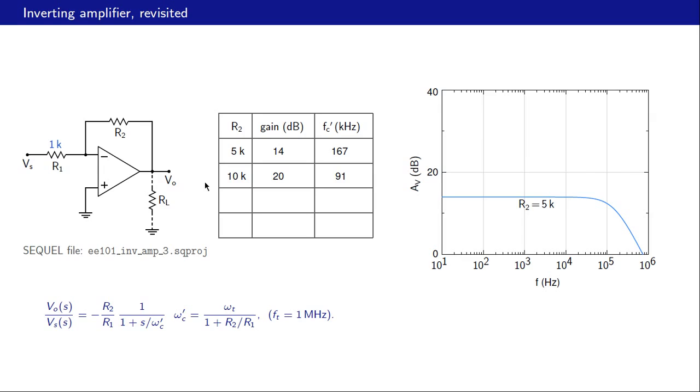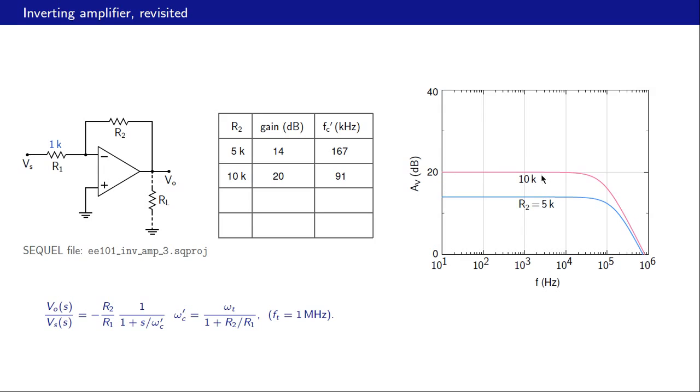When R2 is increased to 10K, the gain goes up, but Fc prime, the corner frequency, goes down. And now we are in a position to understand why this happens. We have this R2 here in the denominator, and therefore as R2 goes up, Fc prime goes down. And that of course reflects in this graph here.